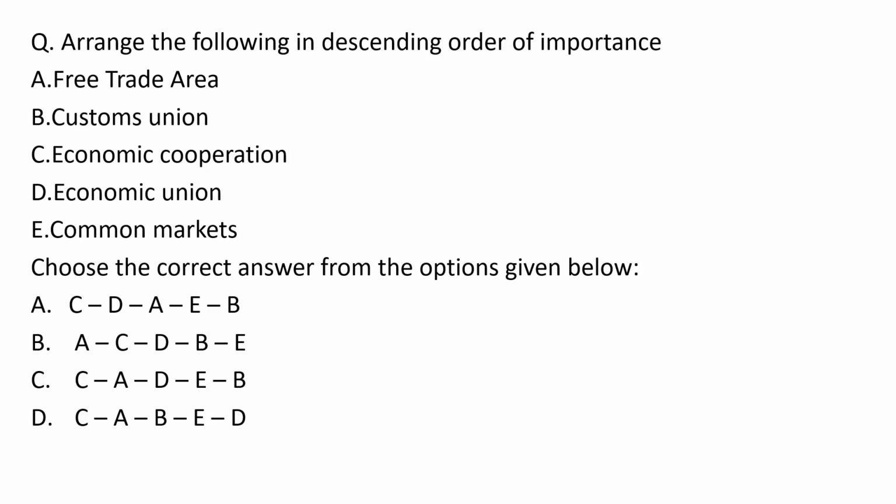In most options, C is given at the beginning, so you can eliminate the first option. Now, what may come at last? We will see it later when we try to solve the question.